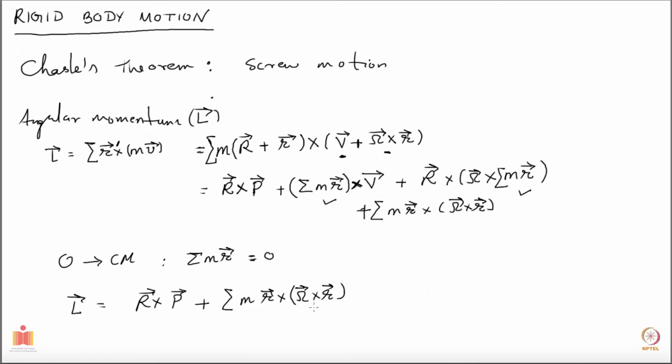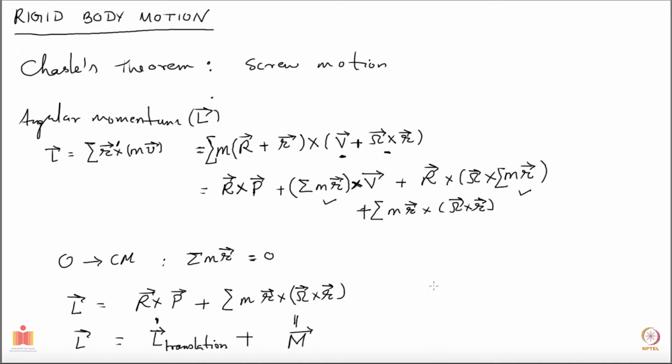And so this piece is the piece which is purely due to rotation, and we call it intrinsic angular momentum, and I will denote it by M. Okay, and this you can call L prime or L translation. This is due to the translation of the center of mass. So my angular momentum L is the sum of these two terms.